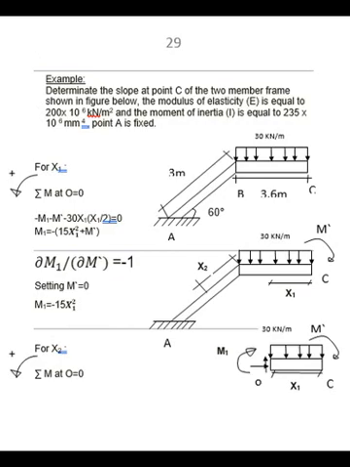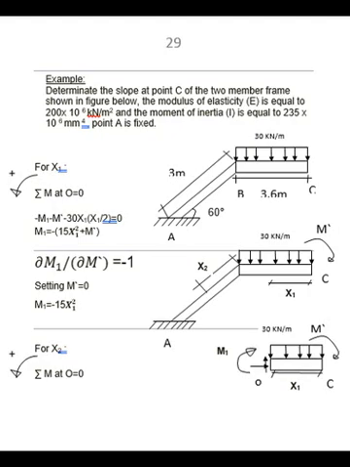Now we will apply the method to determine the slope in a frame as shown in the example. Example: determine the slope at point C of the two-member frame shown in the figure below.